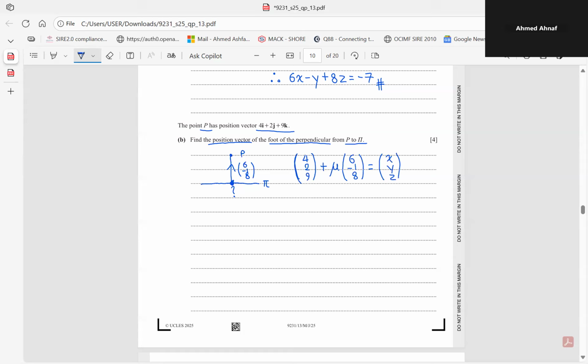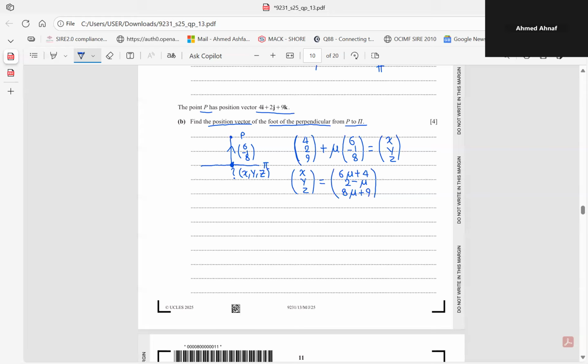So we can just equate each component to the x, y, and z. So x would be 6 mu plus 4, y would be 2 minus mu, and z would be 8 mu plus 9. So we're going to substitute these into the equation of the plane.